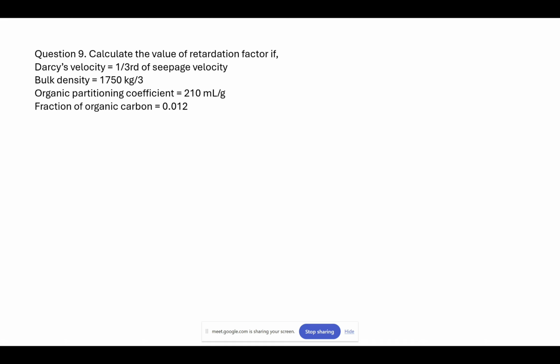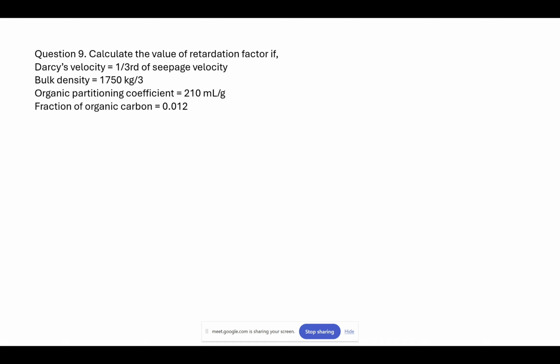We have the organic partitioning coefficient and the fraction of organic carbon given, and we have to find out the retardation factor. I think we have solved numericals based on retardation factor in week 3, where we studied the pump and treat method for remediation of the contaminated site. Anyhow, the formula for the retardation factor was again seen in the week 6 lecture material.